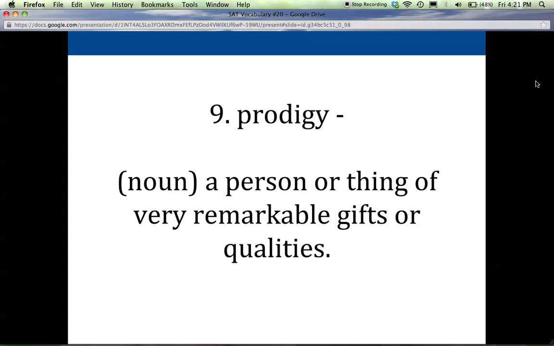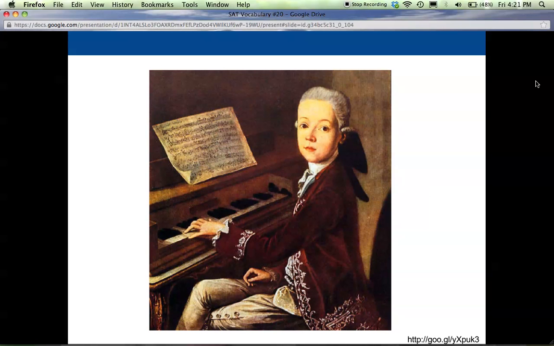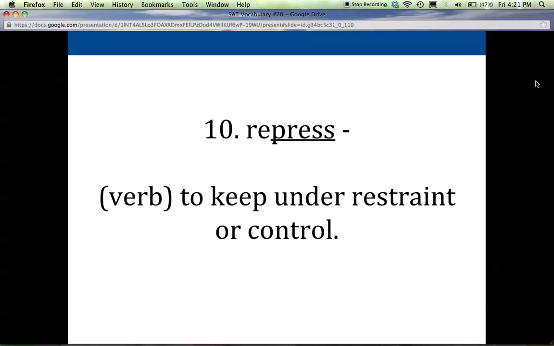Usually they emerge at a young age, where a young child will be remarkably good at something that usually takes people years to become good at. A great example would be Wolfgang Amadeus Mozart, who was composing musical pieces by the time he was 5 years old. Definitely a child prodigy when it came to composing and playing music.